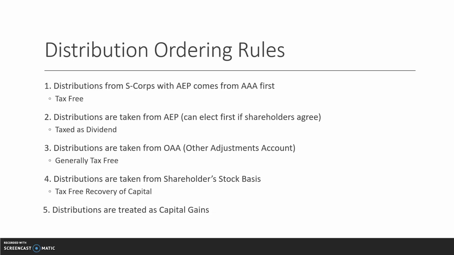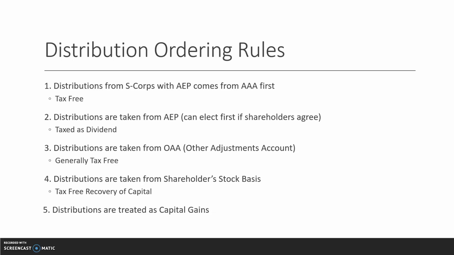After you've gone through the E&P, you're going to take it from the other adjustment account. I'm going to talk about what that is in a second here. It's generally tax-free. The other adjustment account is going to include items that affect basis but are not in the AAA account.